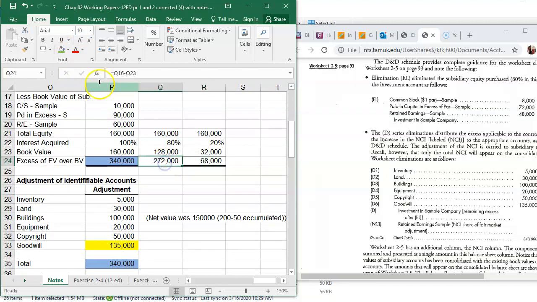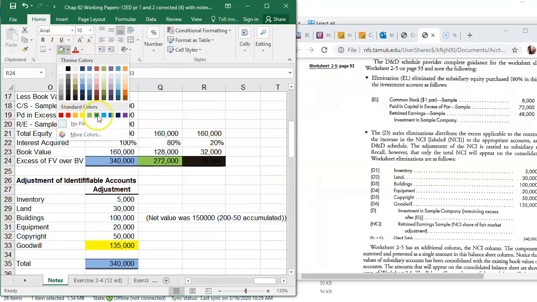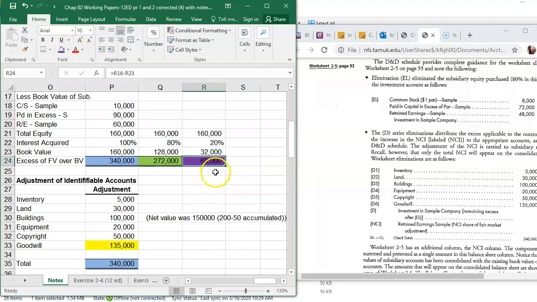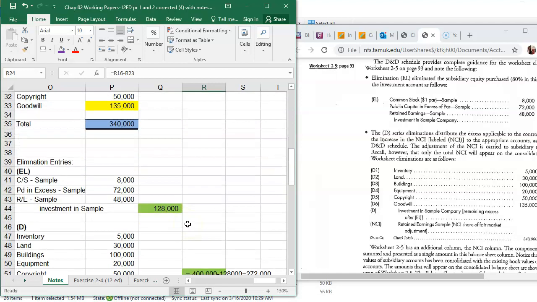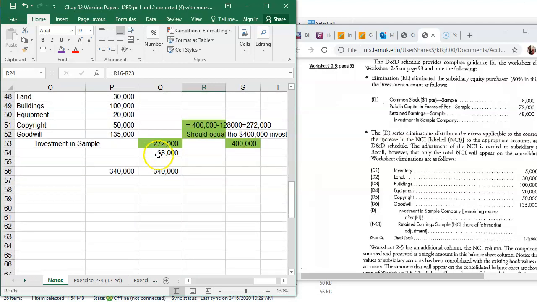Let me highlight both these numbers. I'll keep that one green, and let's give this one a different color. That 68,000 is the excess of fair value over book value that belongs to the NCI. So that's what this number is. The book calls that retained earnings of Sample; it credits retained earnings of Sample.